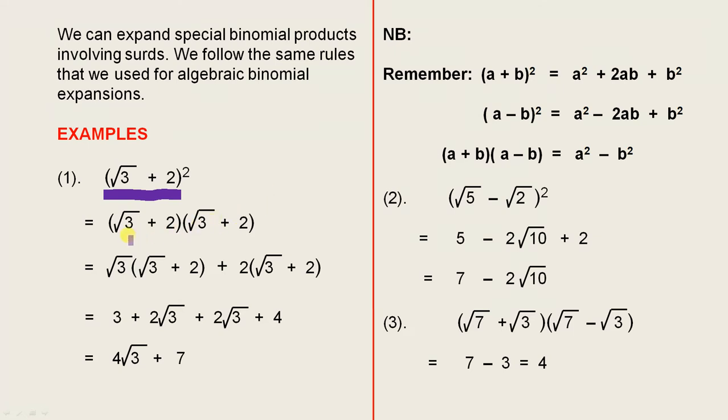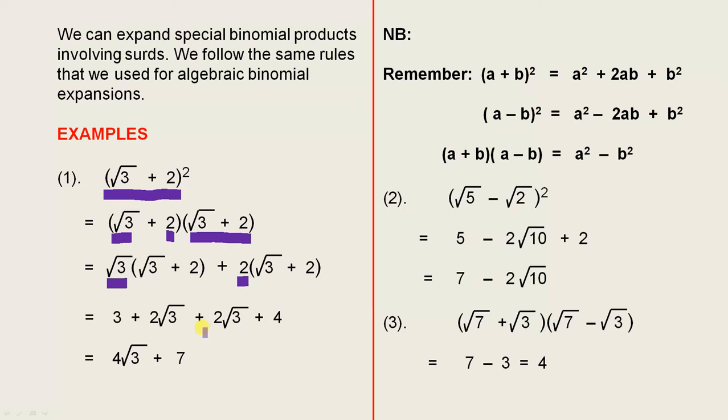So that gives us the square root of 3, which we put outside the grouping symbols, multiplied by the square root of 3 plus 2, which is there. Then we put 2 outside of the grouping symbols, and we multiply it by the square root of 3 plus 2, which is there. When we expand that part there, that gives us 3 plus 2 the square root of 3. When we expand that part, that gives us 2 the square root of 3 plus 4.